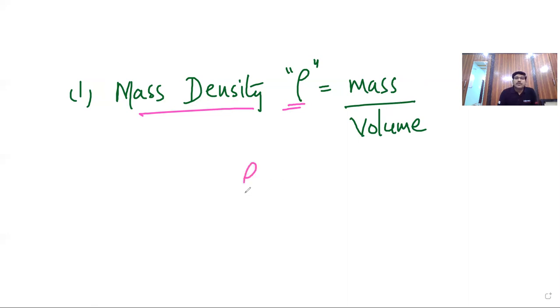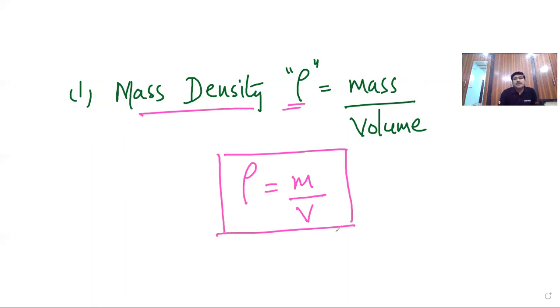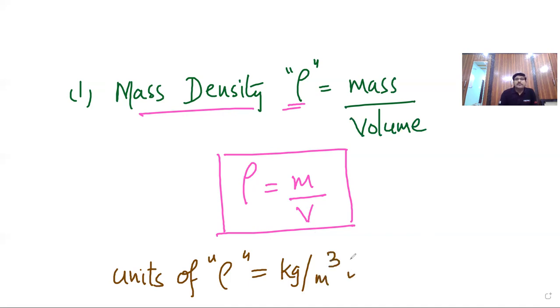So simply rho is equal to mass by volume. Now, what are the units? Units of rho: numerator mass in kg and denominator volume in meter cube, so kg per meter cube.